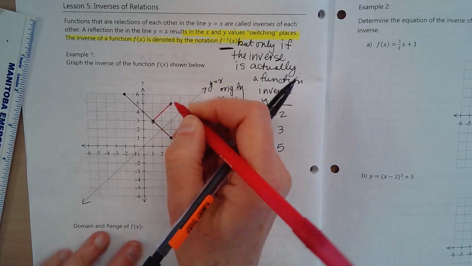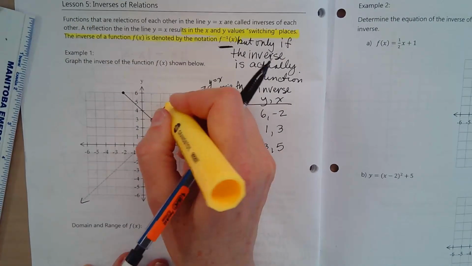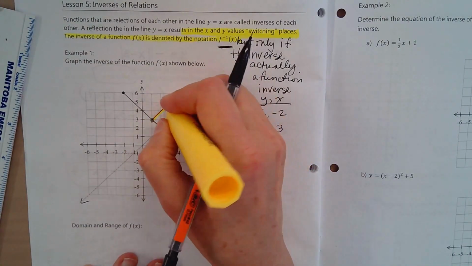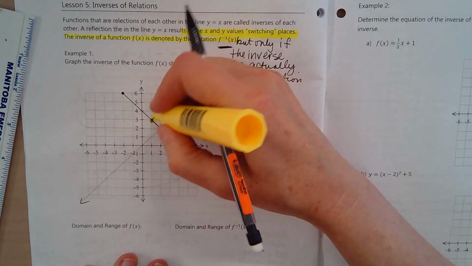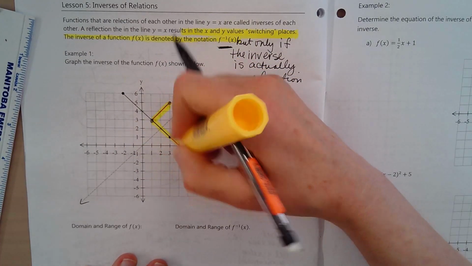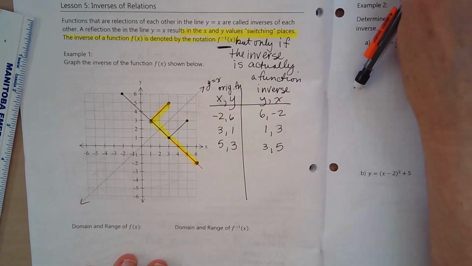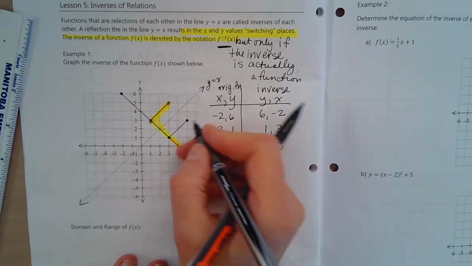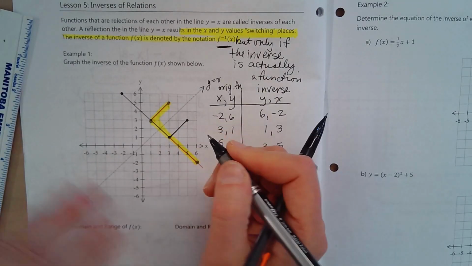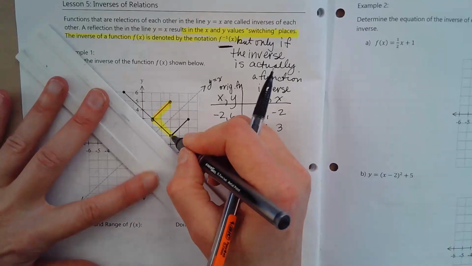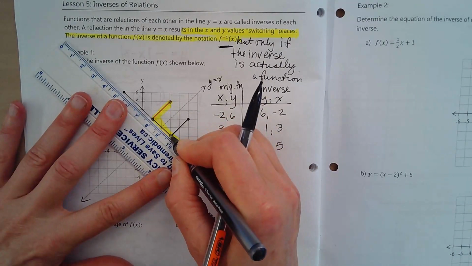Okay, does the red graph, maybe I'll do it in highlight too. So this was my original graph in black. There's a bit of an overlap. Can you see that it's a reflection in that line?